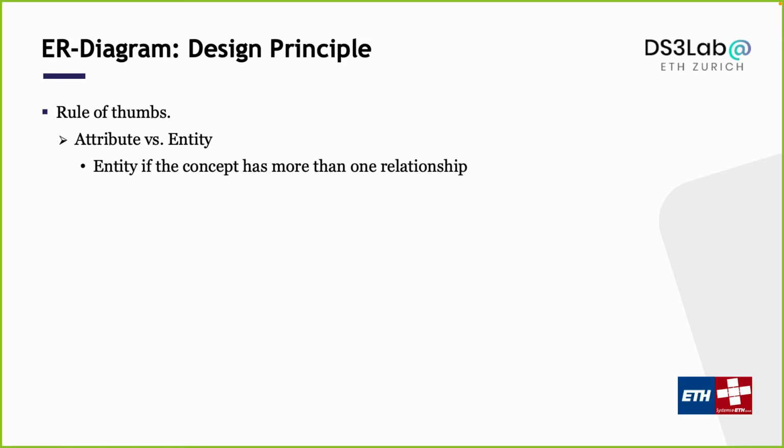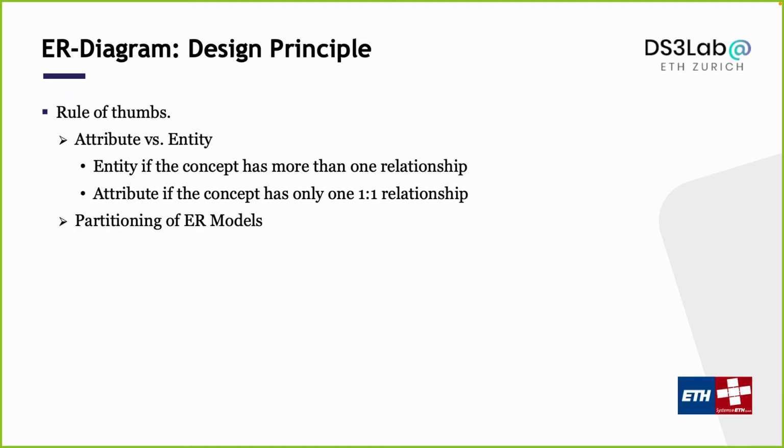For example, often you should model something as an entity if it participates in more than one relationship. If you have something that only has a one-to-one relationship with an entity, maybe think about whether it makes sense to have that as an attribute instead of as an entity, right? There are a whole bunch of those rules of thumb.